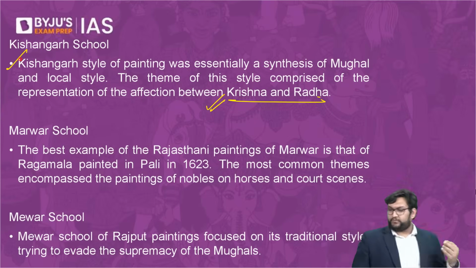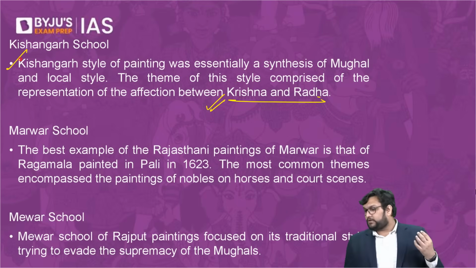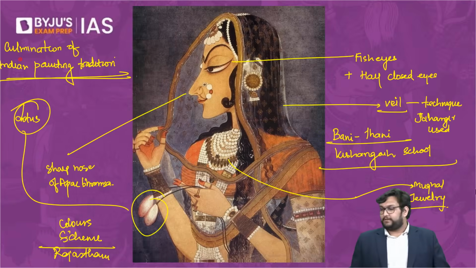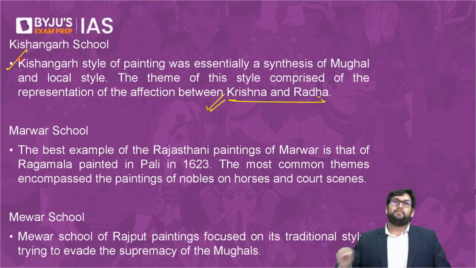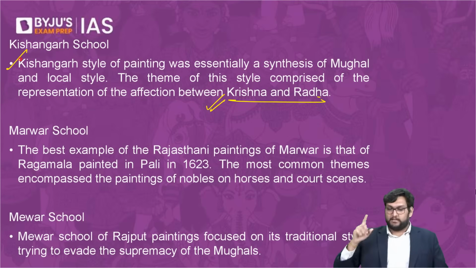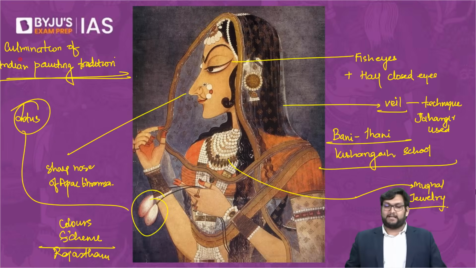So if she should be Radha, yes, she is Radha, but this painting is called Bani Thani. Now, if somebody asks you which is the highest point of architecture, you say Taj Mahal. Which is the highest point of painting, you say Bani Thani. Right? Bani Thani in that regard is a culmination of whatever we've done till this point.